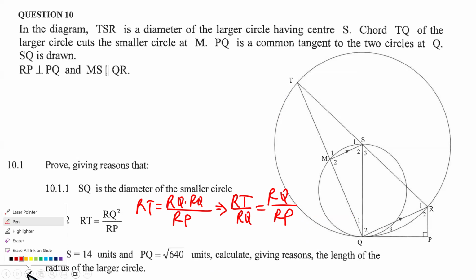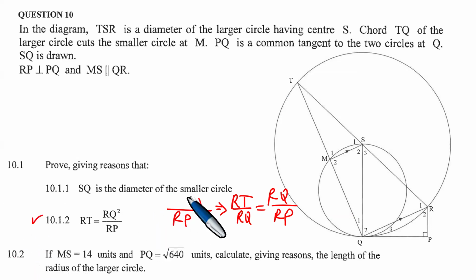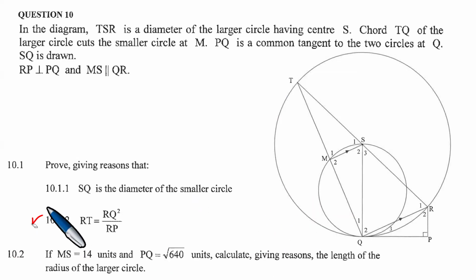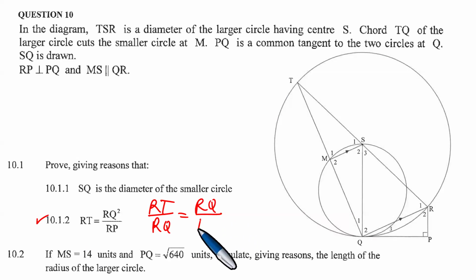We continue to look at 10.1.2. We have seen that RT over RQ is RQ over RP.